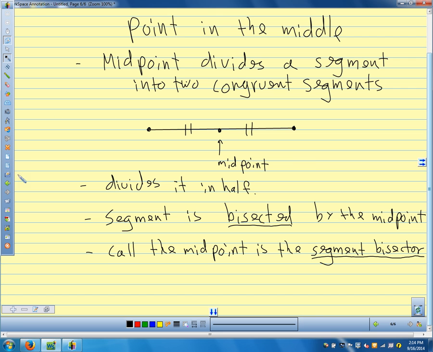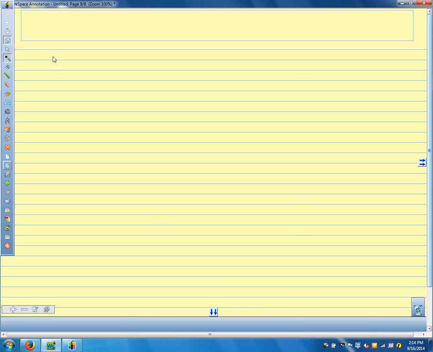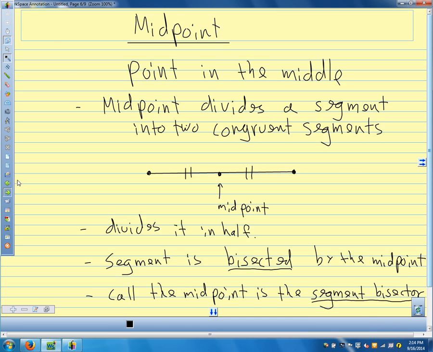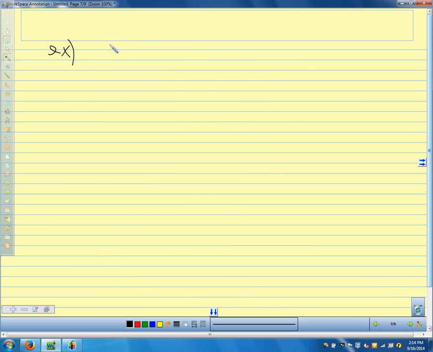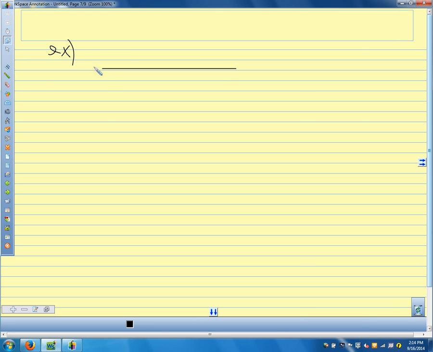So let's look at an example involving midpoints. So here's my segment. And I'm going to call this R, S, and T this time.